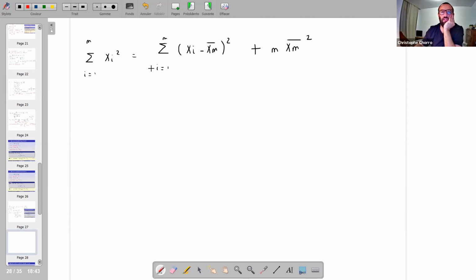So what I want is to have the knowledge of this first one. What I know is that the left-hand side follows the chi-square of parameter n.